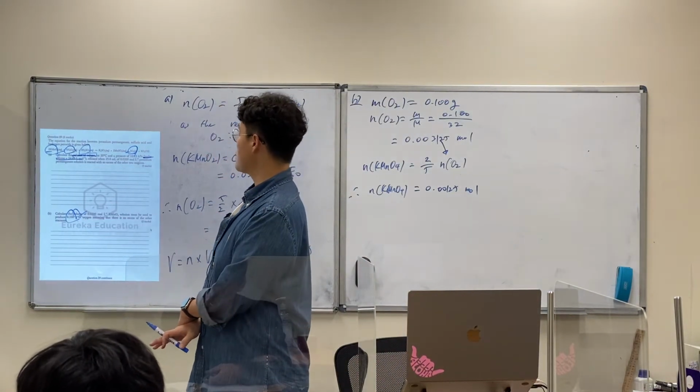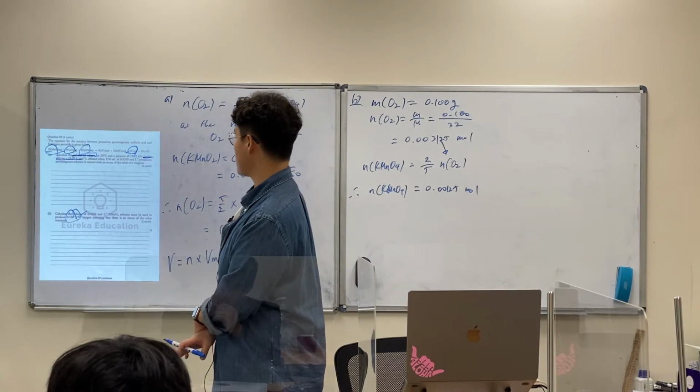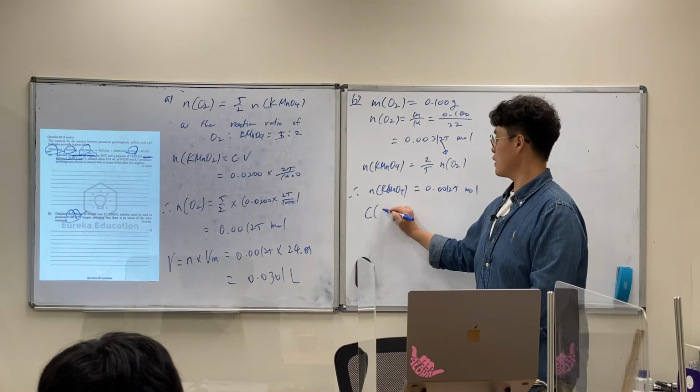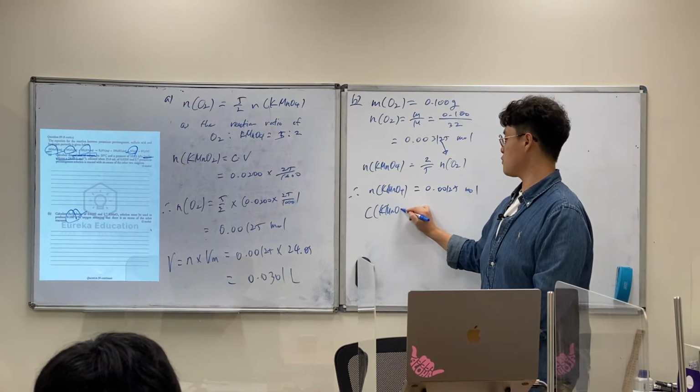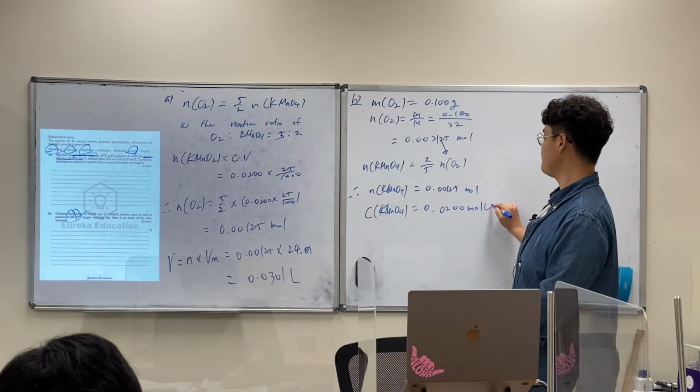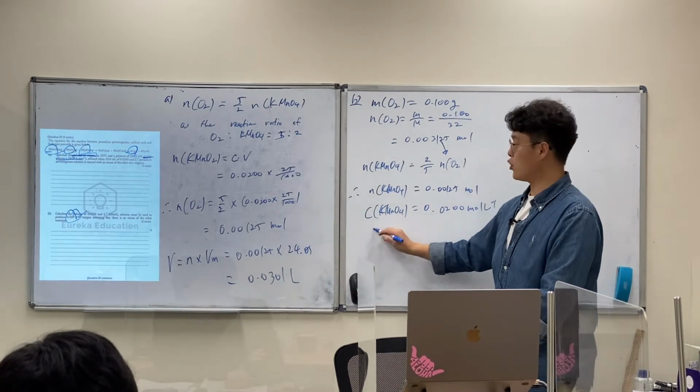What was the concentration of the potassium permanganate? 0.02. Yep, so the potassium permanganate concentration is given as 0.0200 mole per liter. How do I find the volume from here?